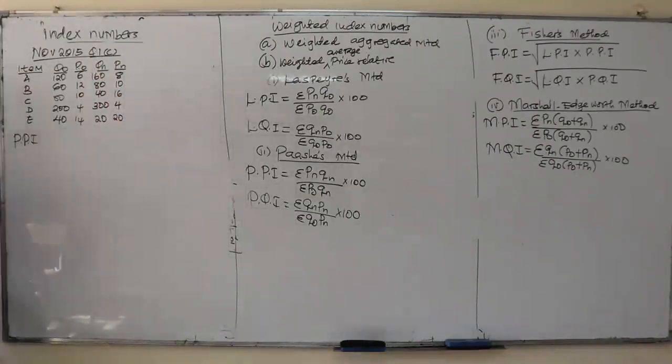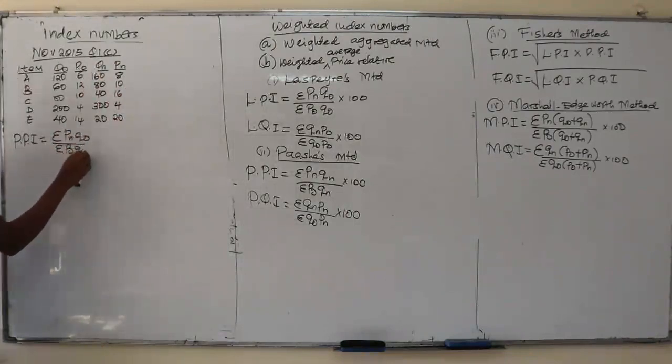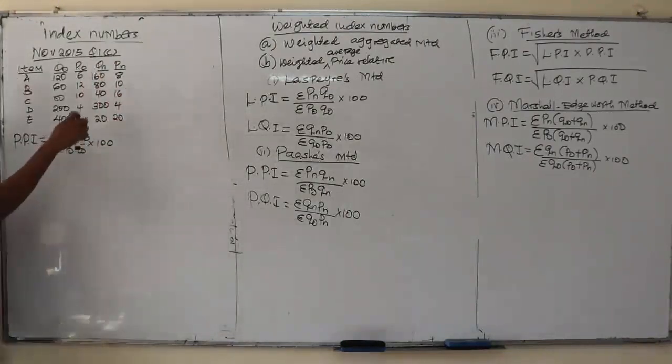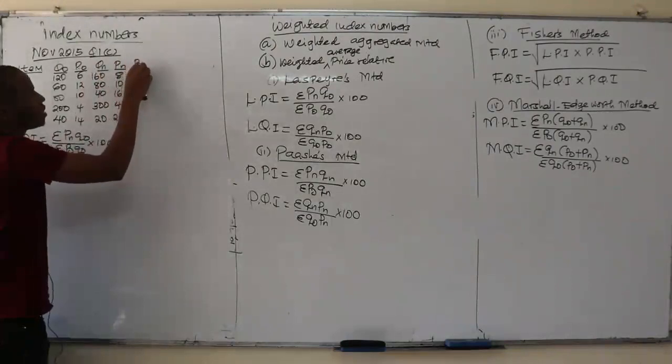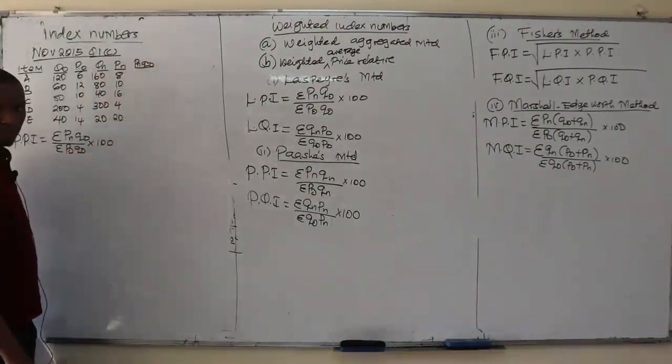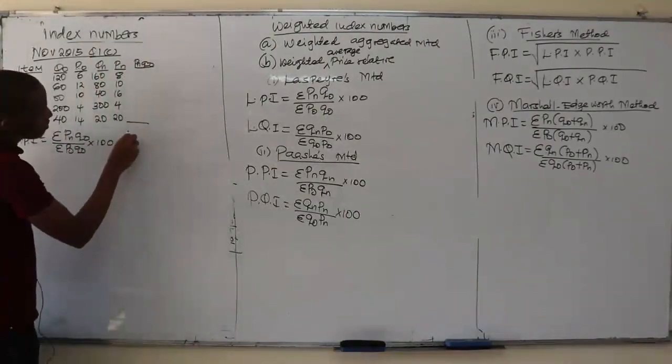Now they want us to get the purchase price index. To get the purchase price index, we get it by taking the summation of PnQ0 all over the summation of P0Q0, multiplied by 100. So first we must get PnQ0 to get the summation there.